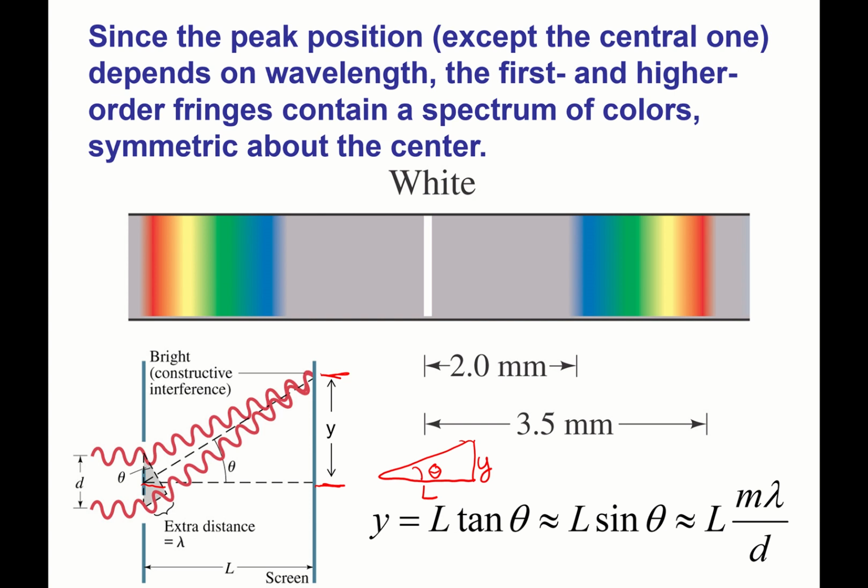If the angle's small enough, then tan theta is approximately equal to sine theta. And if the angle is small enough, then remember we have d sine theta equals m lambda.